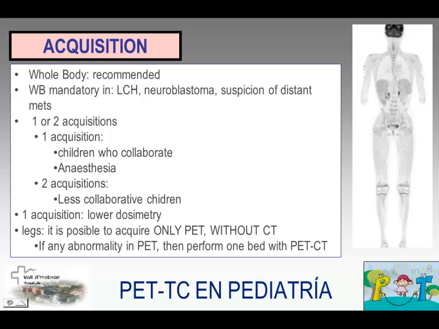We can perform 1 or 2 acquisitions: 1 acquisition if it is a collaborative child or if we perform anesthesia, and 2 acquisitions in less collaborative children. 1 acquisition means a lower dosimetry, and what we discovered is that we can detect the legs only with PET, without CT. And if we find any abnormality on the legs on the PET, then we perform 1 bed of PET-CT on the place of the PET abnormality.